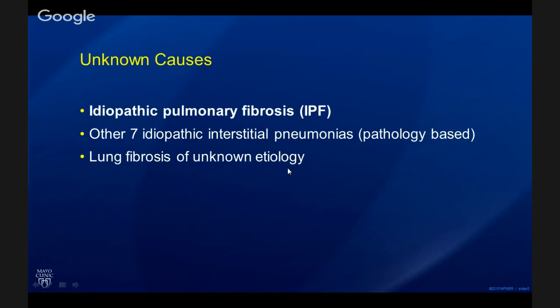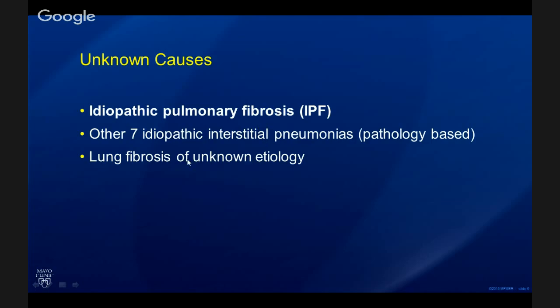This last category here is something I call lung fibrosis of unknown etiology. I state this specifically because a lot of people don't follow through with biopsy, so we don't know specifically what's going on in their lungs, at least at that level, yet they don't have a specific diagnosis of IPF either, because IPF is specifically defined by CT and certain demographic features.